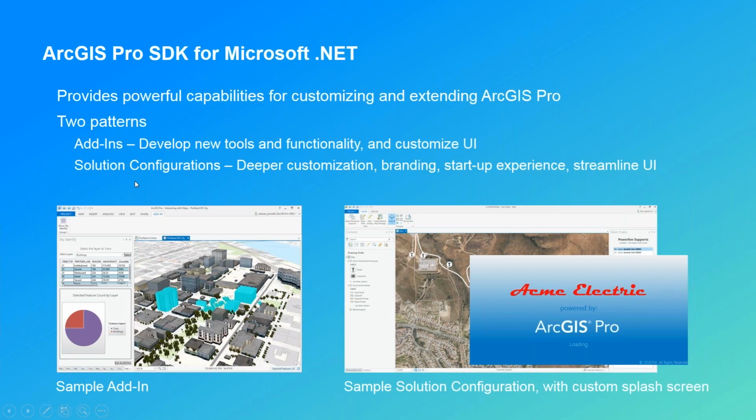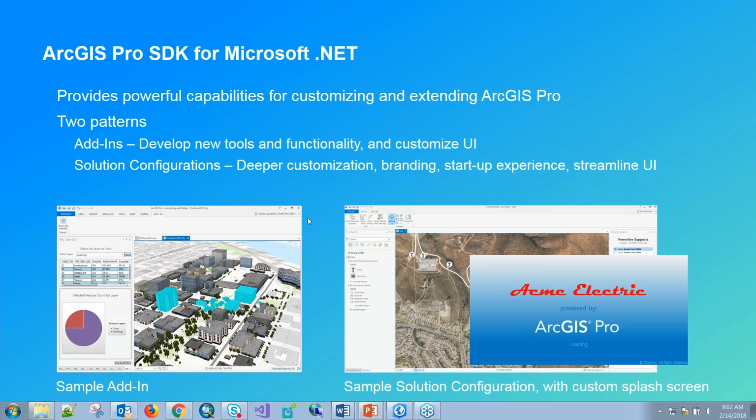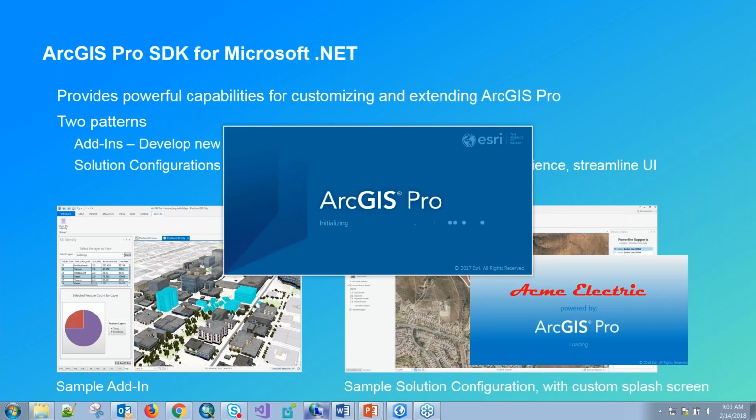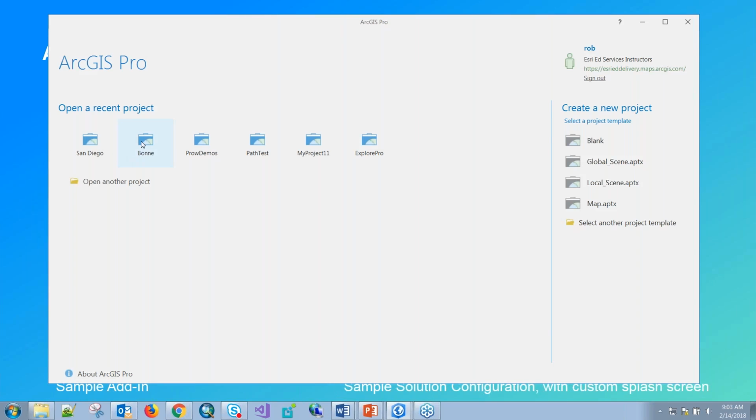These two patterns of building add-ins and solution configurations are your way to extend Pro. So you might build a simple add-in, you might build a solution configuration. Let's take a look at an example here. I'm going to start up Pro, and I'm going to give an example of what is an add-in.